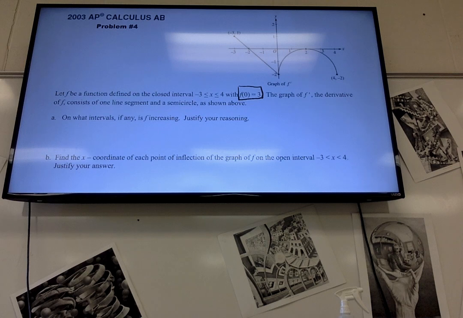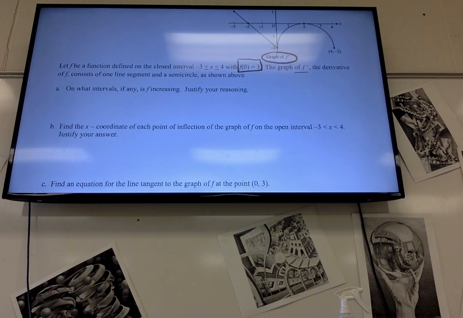Anytime they give you one of those in a free response question, I would circle it so that you remember it's there. 3 is not even on the graph. It doesn't have to be, because this is a graph of f prime, not f. That's something else you should circle. The graph of f prime, the derivative of f, consists of one line segment and a semicircle as shown above.